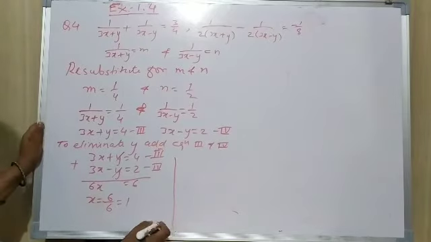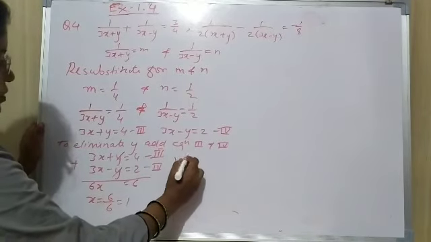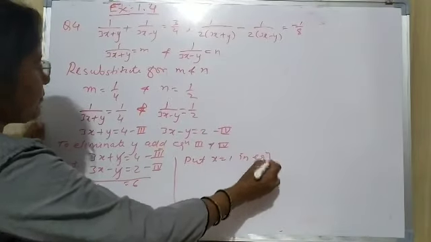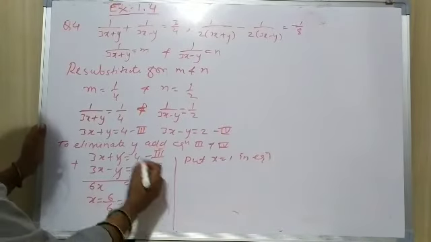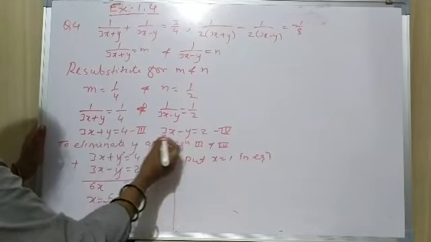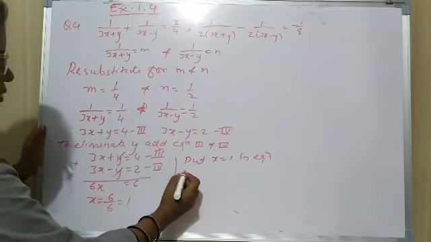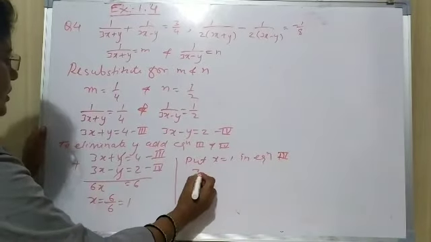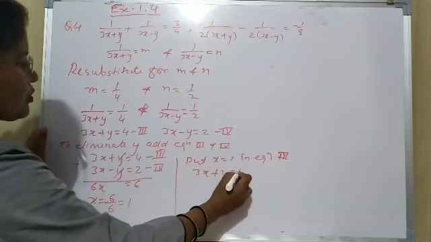Now in order to get the value of y, put x is equal to 1 in an equation. Any one equation you can take from these two. So which one you want to take? Third one you can take, equation 3. Third or fourth, any one you can take. So 3x plus y is equal to 4.